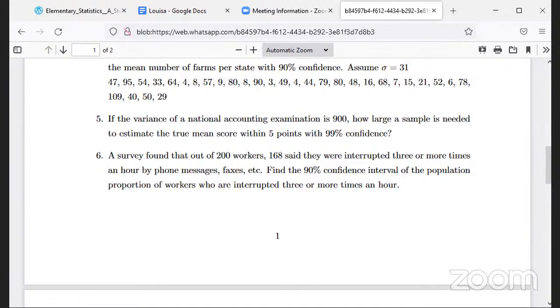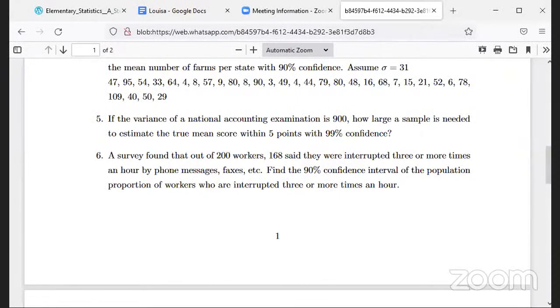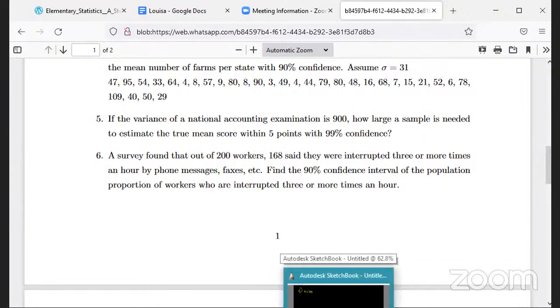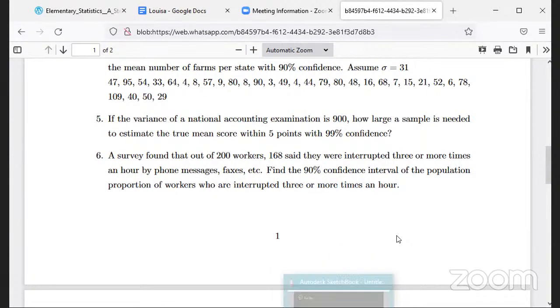Out of 200 workers, 168 said they were interrupted 3 or more times, by phone messages, faxes, etc. Find the 90% confidence interval of the population proportion of workers who are interrupted 3 or more times an hour.